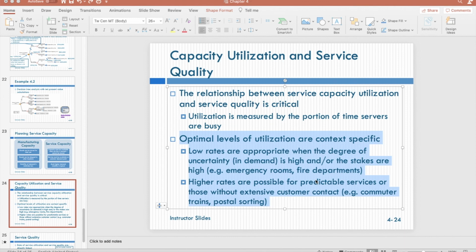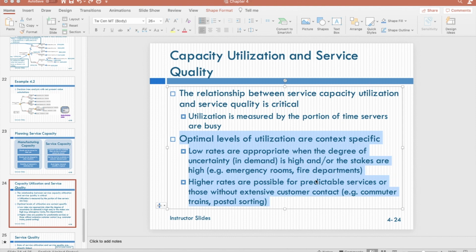In the manufacturing type of industry, we really want the utilization level to be a little bit closer to the capacity level, but not over the capacity level. But for the service type of industry, sometimes the optimal level of utilization should be a low rate.